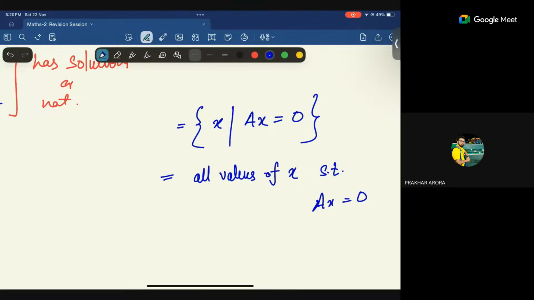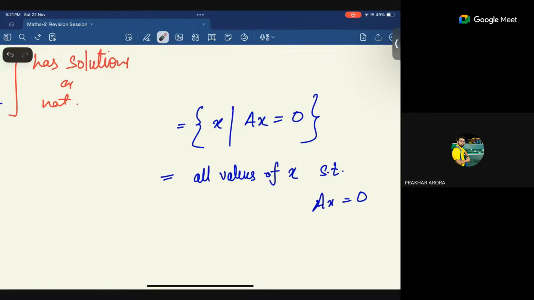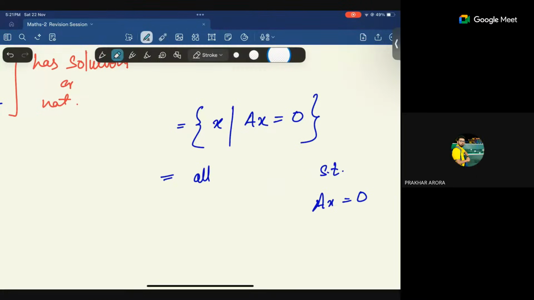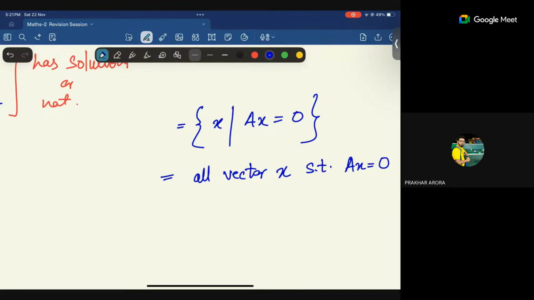But we don't have values of x here, because x is a vector. So let us write better words: all vectors x such that Ax is equal to 0.